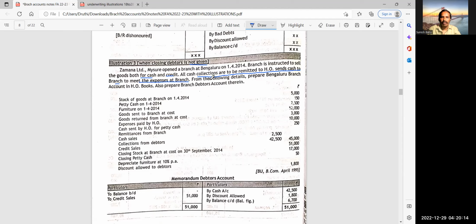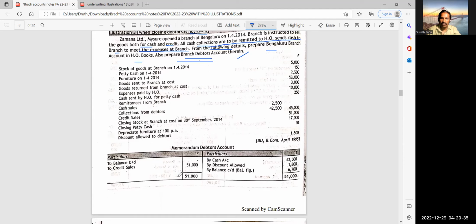From the following details, prepare Bengaluru branch account in the books of head office. Also prepare branch debtors account. Branch debtors account means memorandum debtors account, which is very important because one of the missing items will be there. The missing item here is the closing balance of debtors. That's the reason why memorandum debtors account is to be prepared first.